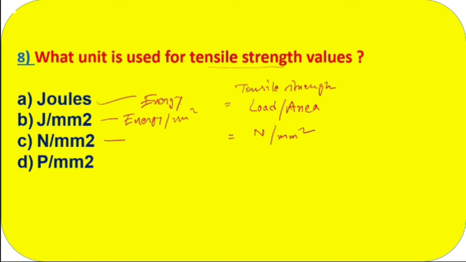So it is the correct one, Newton per mm square. Newton, you can say the load, how much load is there, per millimeter square for the tensile strength. P per millimeter square, no. So the only answer is Newton per millimeter square. So answer C, option C, is the correct one.